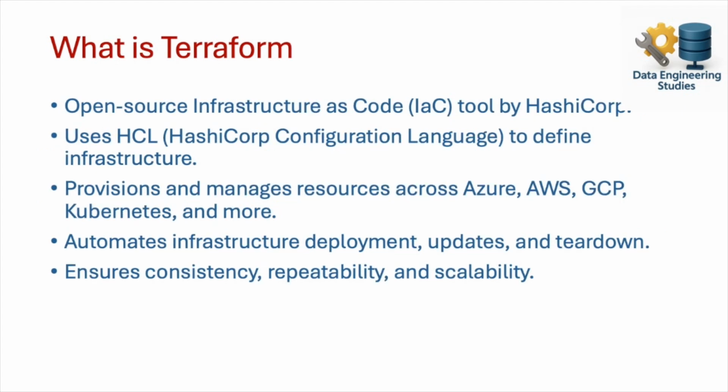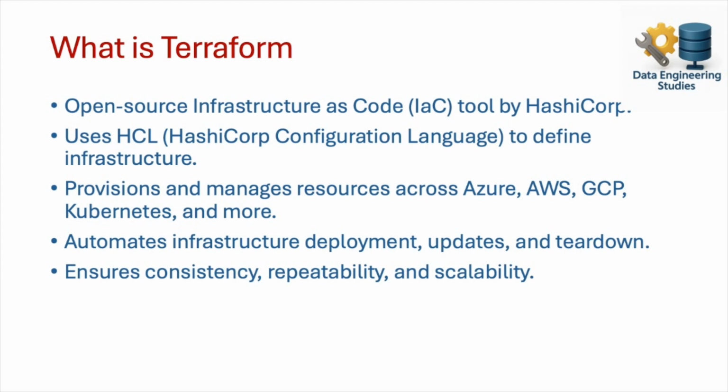Now let's see what is Terraform. Terraform is an open source infrastructure as a code tool created by HashiCorp. It uses HCL or HashiCorp Configuration Language to define infrastructure in a simple and human readable way. With Terraform, you can provision and manage resources across Azure, AWS, GCP, Kubernetes, and many more platforms, all with the same workflow.